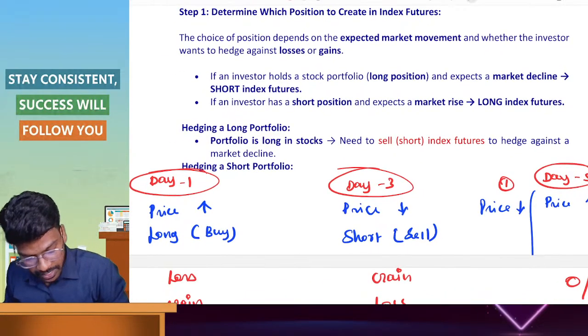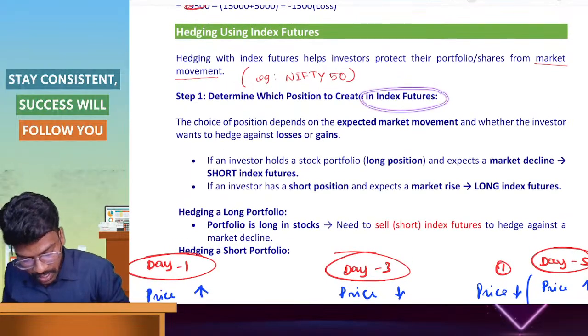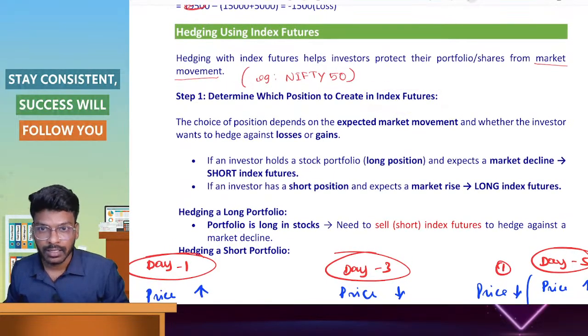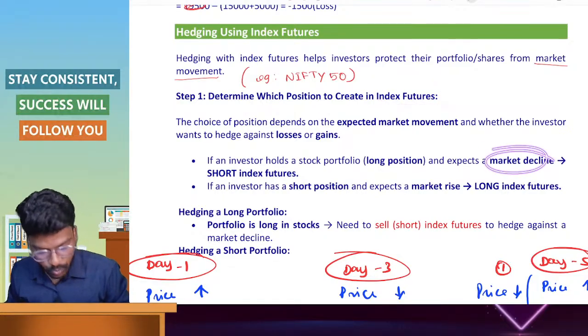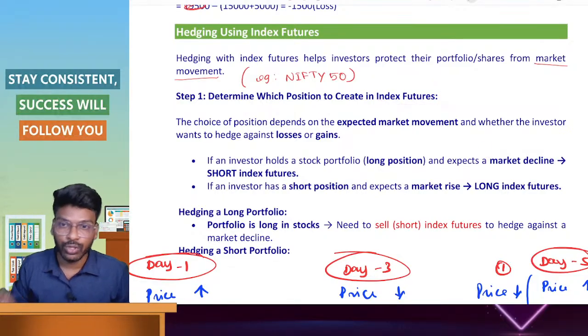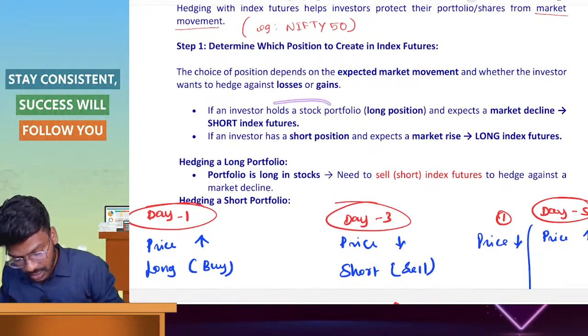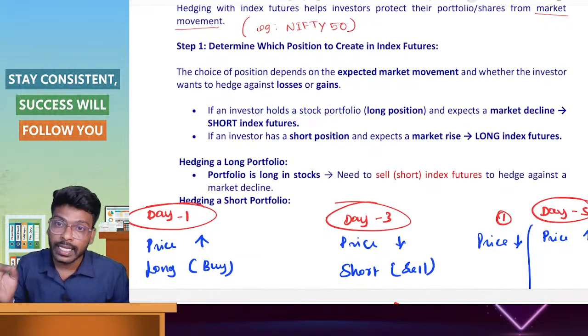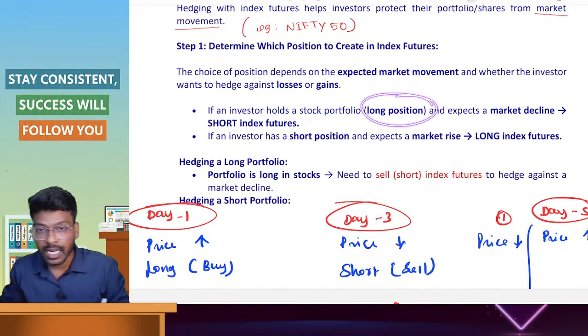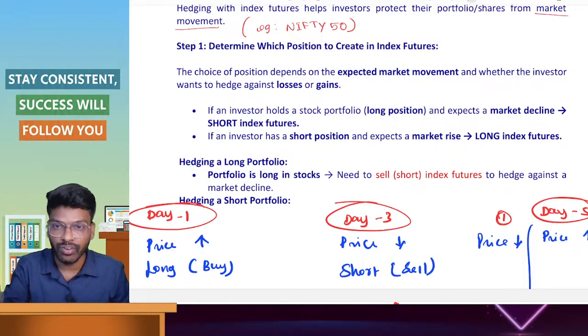Index is a market. So based on the market movement, we will decide what position should be taken. If an investor holds shares, that means he has taken a long position in the stock portfolio.